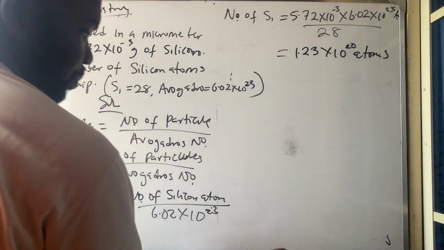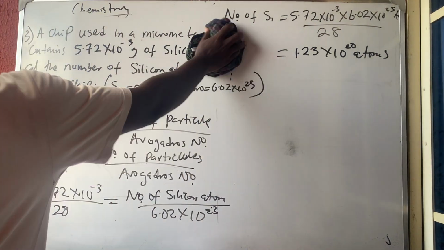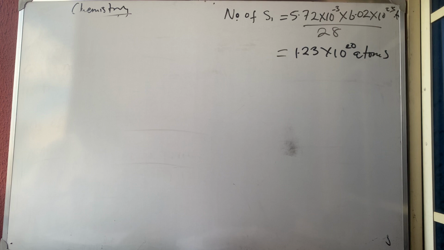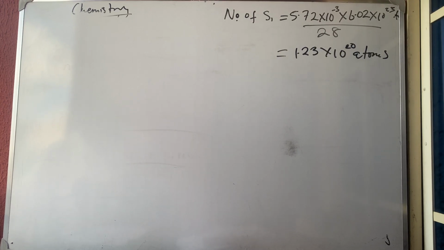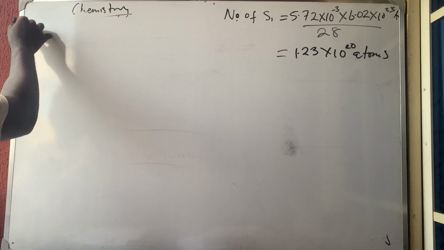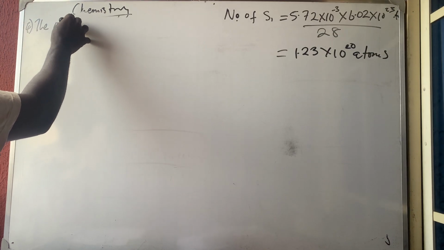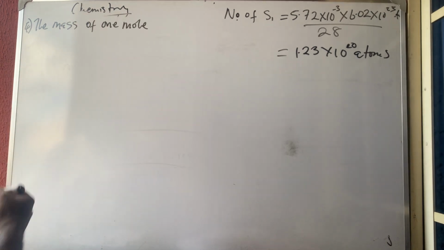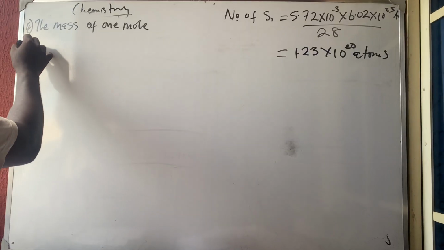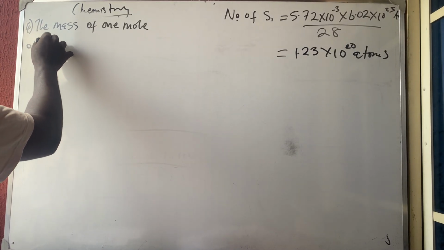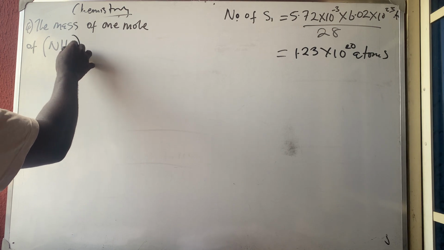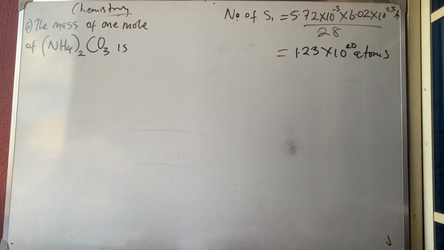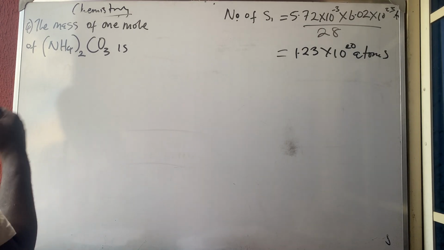Very, very simple. So the next one, number 4: the mass of 1 mole of (NH4)2CO3 is dash.